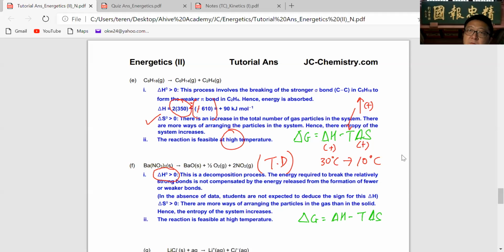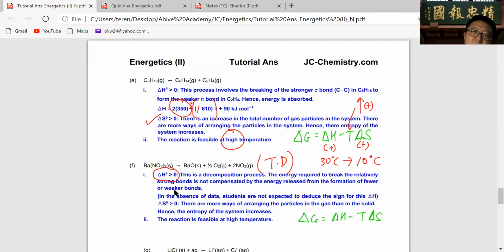I want to make it very less complicated because I know I think 3 of you don't take physics, right? So we just keep it simple. Temperature drop means the system is taking heat, so endo. Temperature increase, the system gives out heat, so it's exo. So this is endothermic.